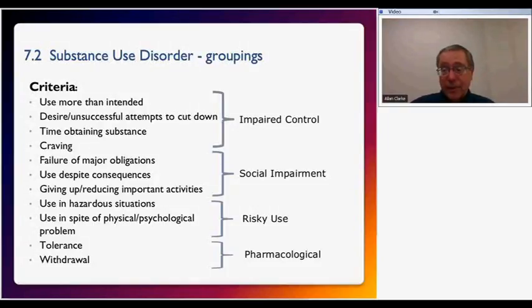We even see this with antidepressant medications. The body builds a tolerance. If you pull the antidepressant medication off too quickly, the person can have withdrawal effects. This is not seen as a function of addiction, but just the nature of how the body works in interaction with a medication.